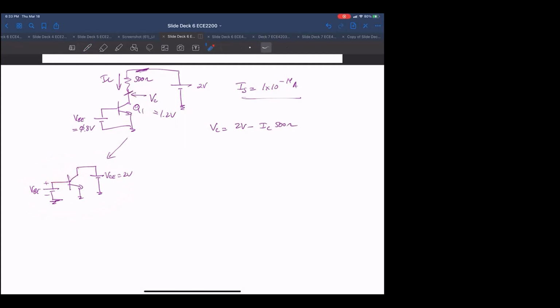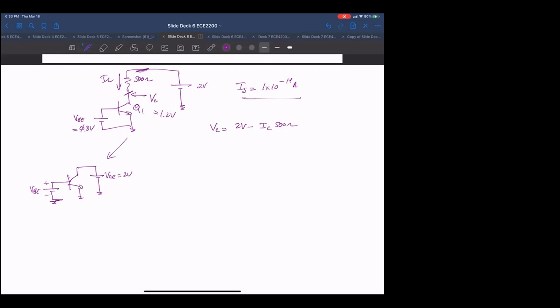But because I wanted to turn this into a gain element, I added a resistor here, and now we have to actually calculate what this is.